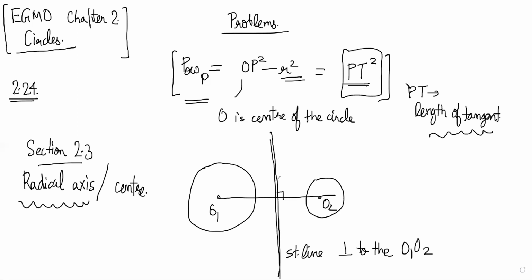The three lines which are the radical axes of the three pairs will intersect. That point is the radical center. Basically, it's a point such that it has equal power with respect to all three circles, right? That is all the theory that is present in this section.